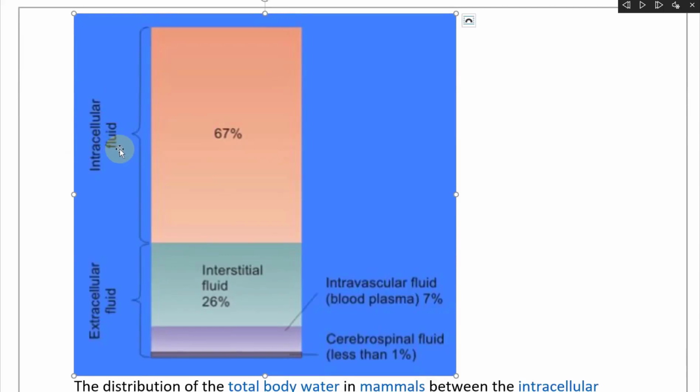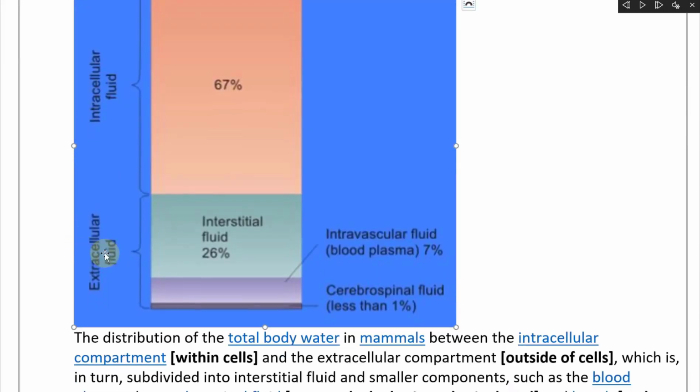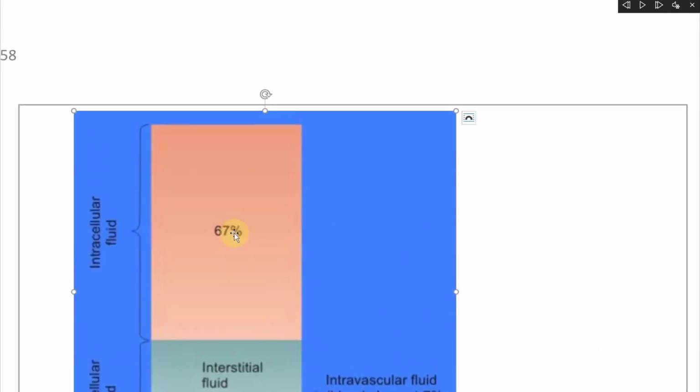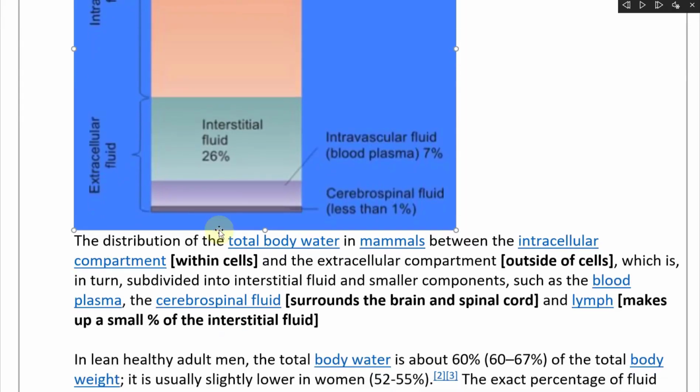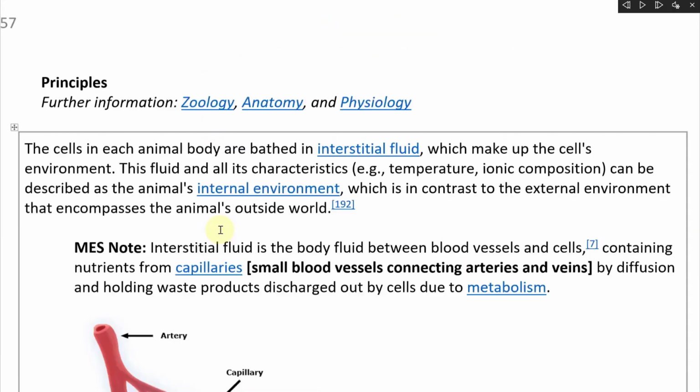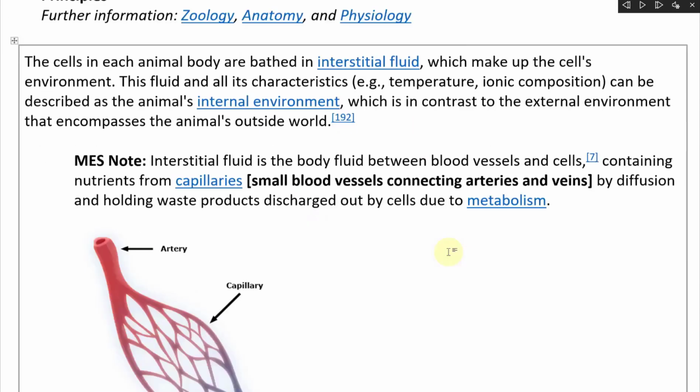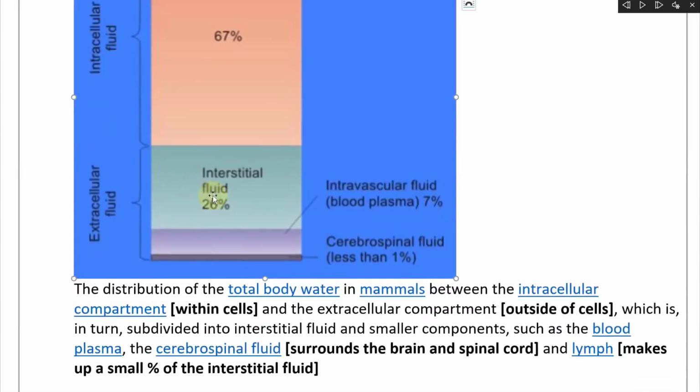So intracellular fluid, that's within the cells, that's 67%. Outside of the cells, you have extracellular fluid. Now here's interstitial fluid, which is outside of the cells and the blood vessels, right over here. So it's between the blood vessels and cells, and that's 26%.